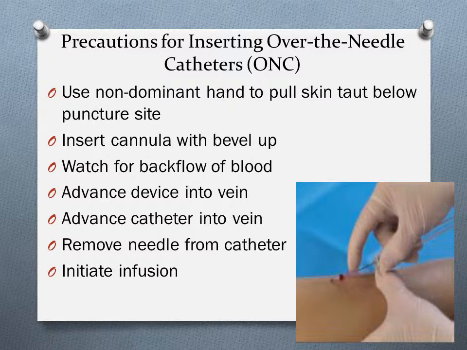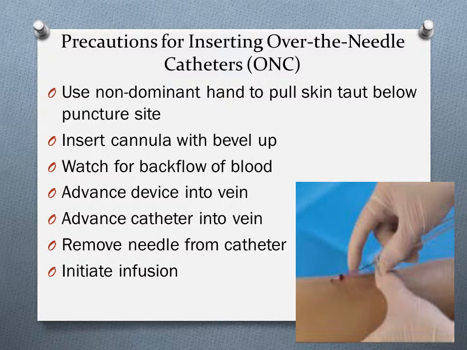Those needles are very sharp and it can shear off some of that plastic catheter if you're not careful. When you remove the needle from the catheter, you need to apply digital pressure close to the catheter tip to help prevent it from bleeding everywhere.